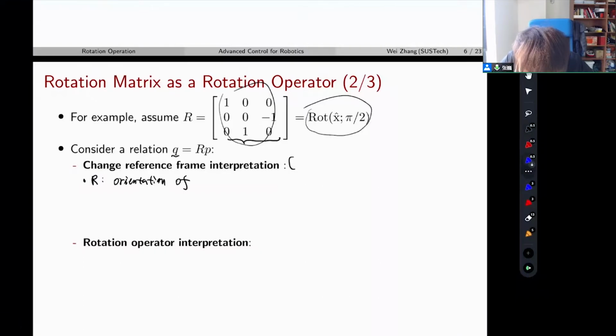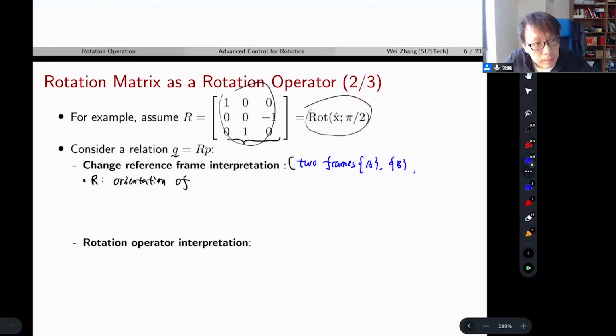Change of reference means there are two frames involved, let's say A and B. That means in a change of reference frame, you have at least two frames and one physical point.